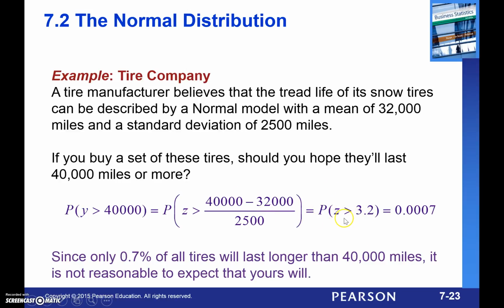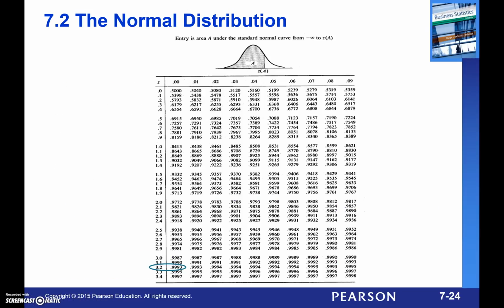So what's the probability that my area is to the right of 3.2? Well, again, the table never shows us areas to the right. So what we have to actually do is we find the z-score of 3.2. So it's 3.20, so we're in the first column. And that tells us that there's a 0.9993 or a 99.93% chance that z is less than 3.2.